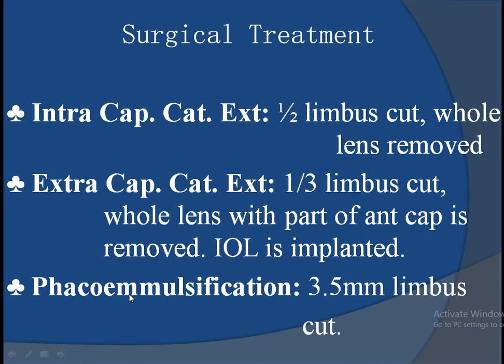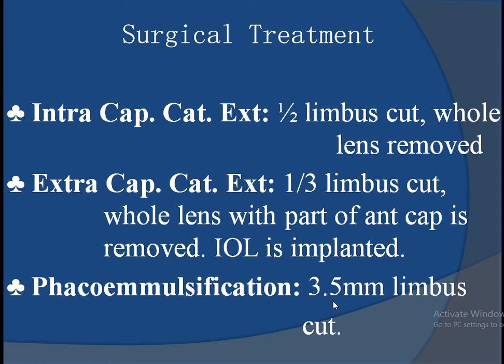In phacoemulsification, what happens? Number one, the most important thing is the decrease in the size of the incision. No one can see the stitch mark, so small an incision is given on the limbus, and the lens is now not removed whole, but before removal it is emulsified.